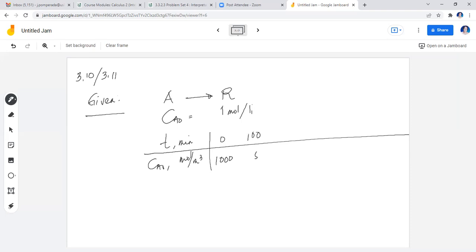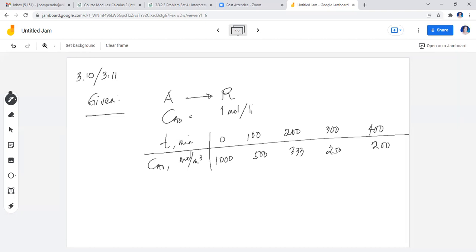So 100, 500 here, you have 200, 333, 300, 250, and 400, 200.